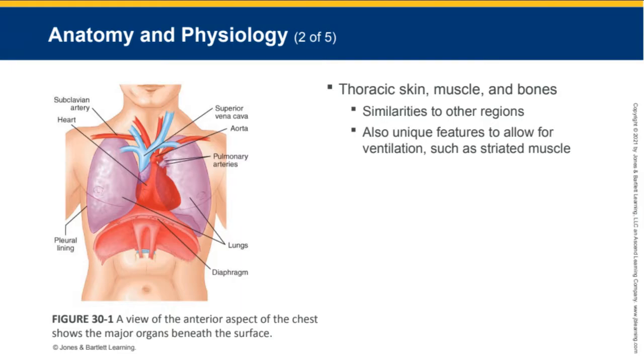Thoracic skin, muscle, and bones have similarities to other regions, but also have unique features to allow for ventilation, such as striated skeletal muscles.